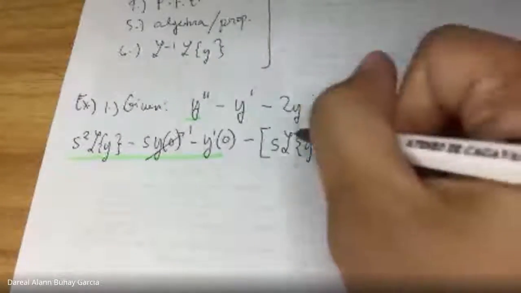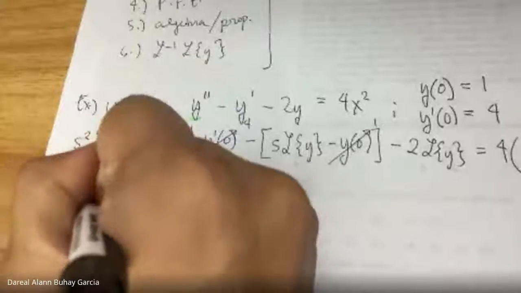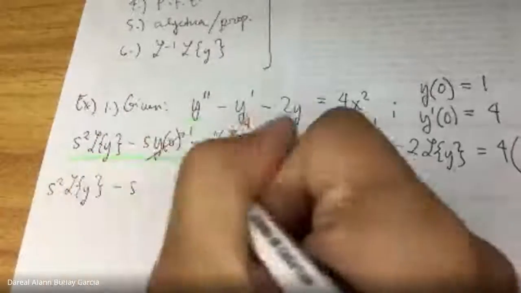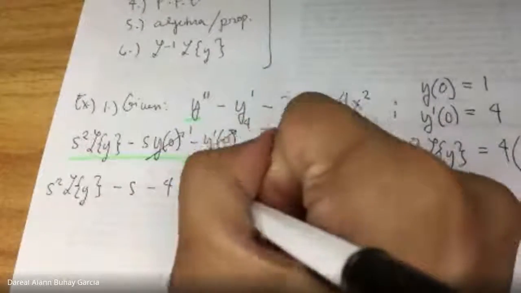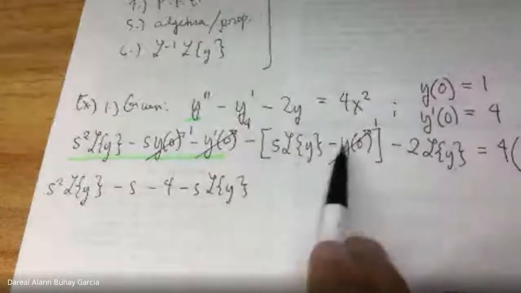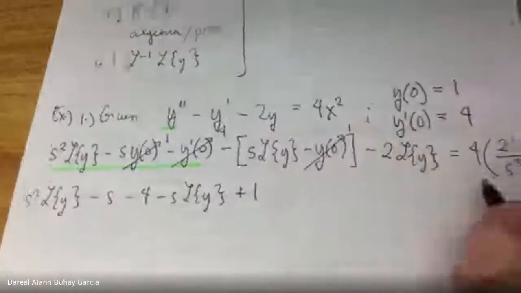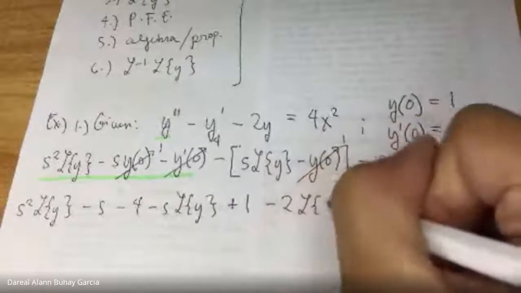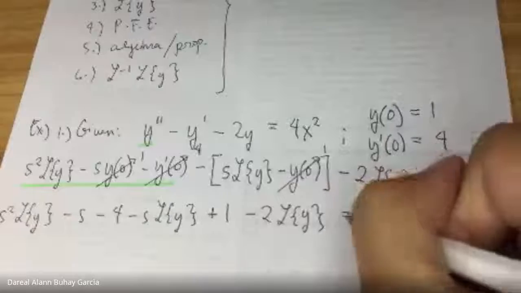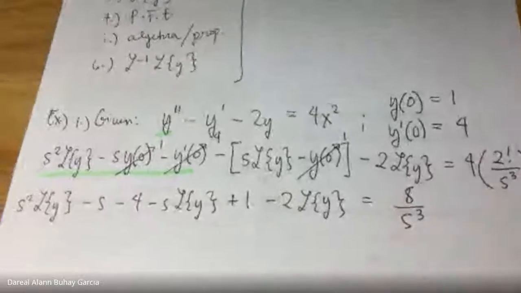So this becomes s squared times the Laplace of y minus s minus 4, minus s times the Laplace of y plus 1, minus 2 times the Laplace of y, equal to 8 over s cubed. So far, so good.